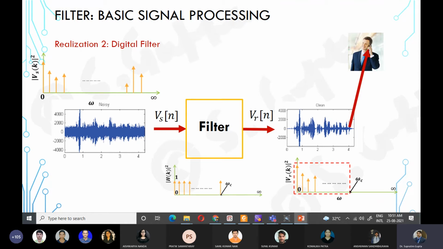I want you to be aware that digital filter is not the only solution, but one of the many solutions. And since we'll be working within the digital domain, that's why we are concerned about the digital filter.